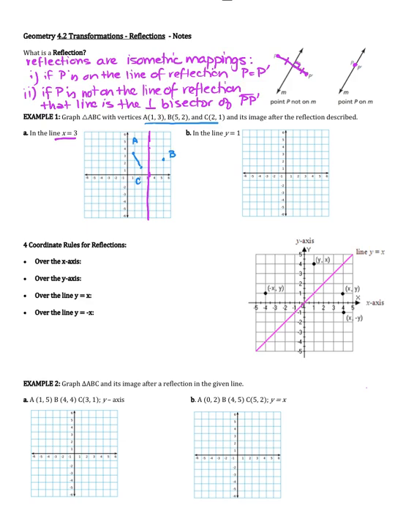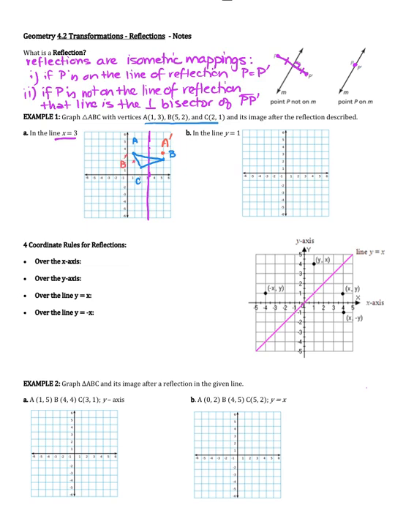Let's go back and redo that line. Here's A, B, here's C. If I'm going to reflect it over that line, then we want to move the same distance. So A is a distance of 2 perpendicularly from the line of reflection. So A prime is going to be over here. B is going to go to the other side, over here.